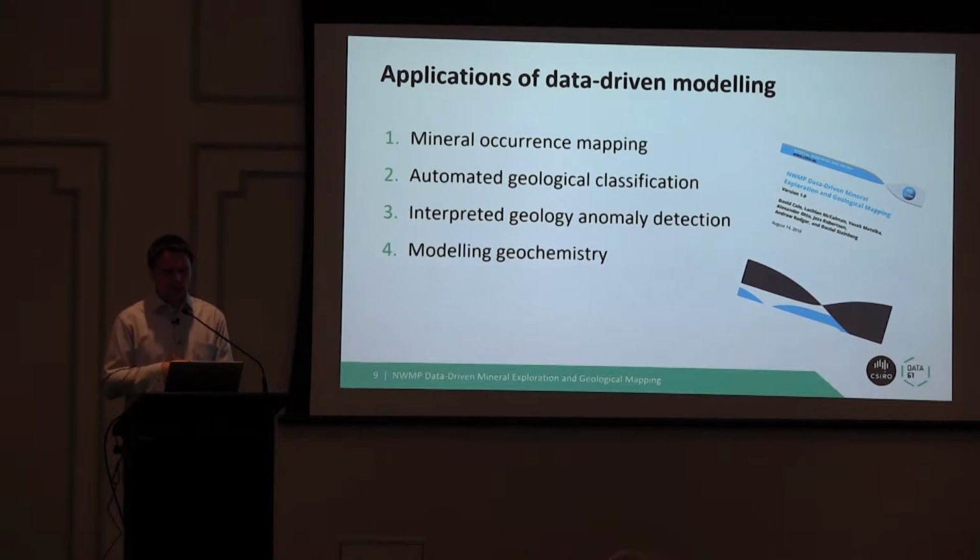But I will touch on mineral occurrence mapping, on automated geological classification, interpreted geology anomaly detection. So from an existing map, look at how anomalous are the units in the geological map, and then on modeling the geochemistry and using that as a proxy to traditional mineral prospectivity mapping.